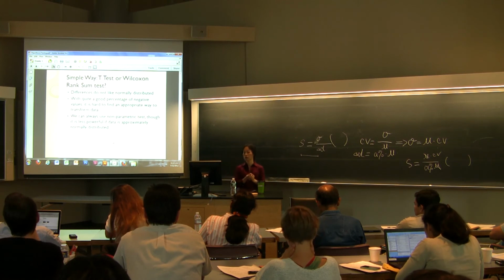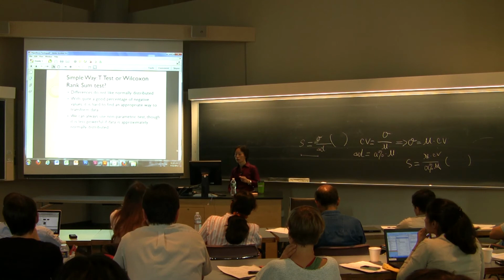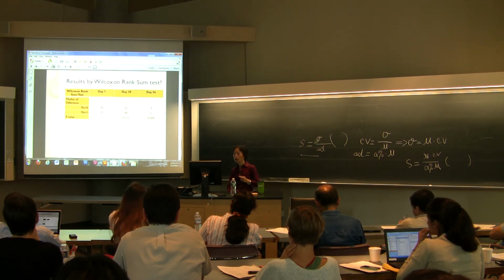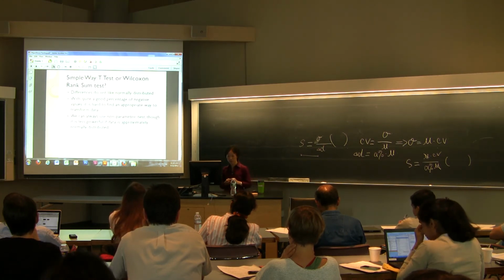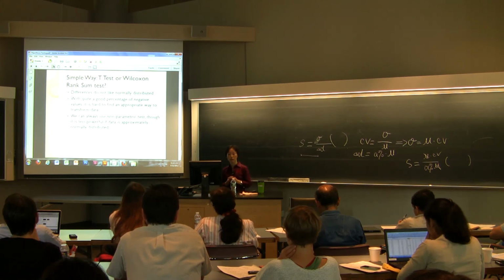A t-test would assume the difference looks like a normal distribution. And with quite a good percentage of negative values, it's hard to find a correct way to transform the data.